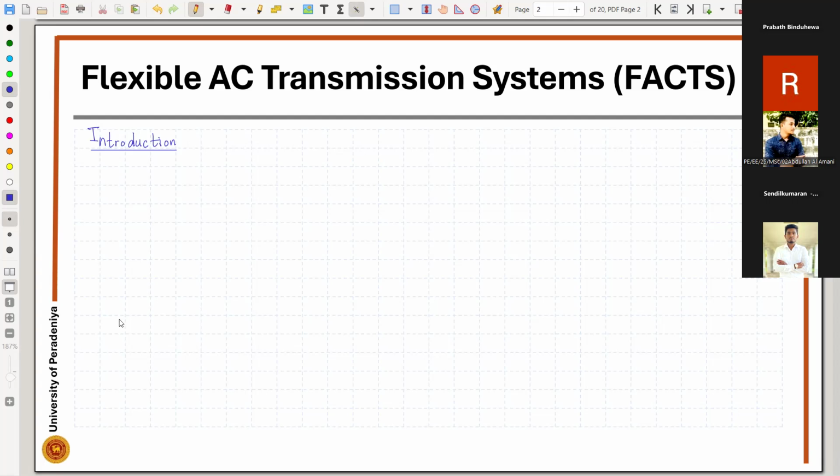Now, if we consider the power system, it consists of generation, and usually we step the generation voltage up to a high voltage. Then we have the transmission network.